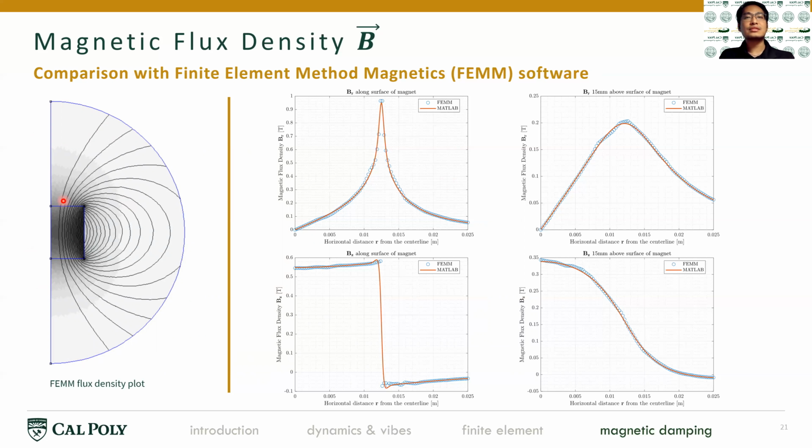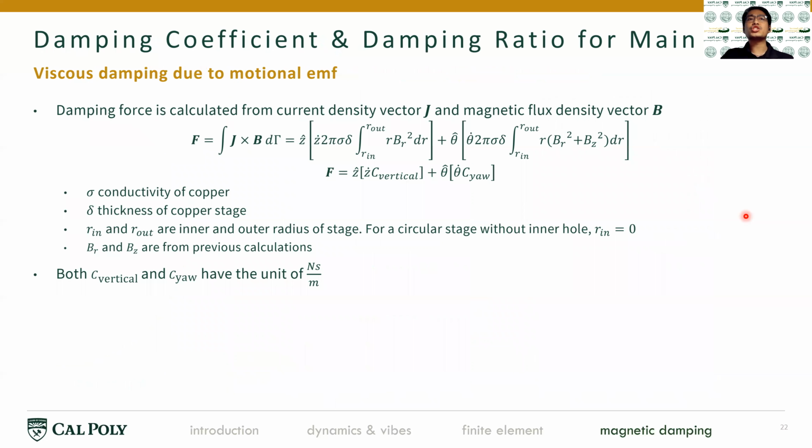And when I extract the data at the surface of the material and 15 millimeters above the surface of the magnet, I can plot it against the MATLAB, and the simulation shows that these data points agree pretty well. So it means that we can get the magnetic flux density B pretty well from the calculation from MATLAB. So we can use this to calculate the next step, which is the damping coefficient and damping ratio.